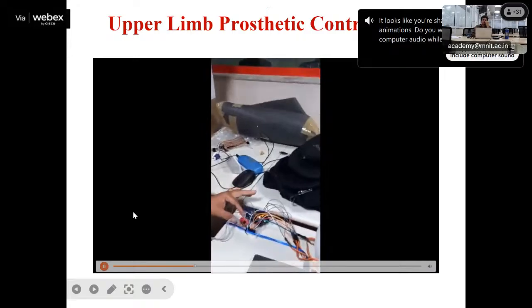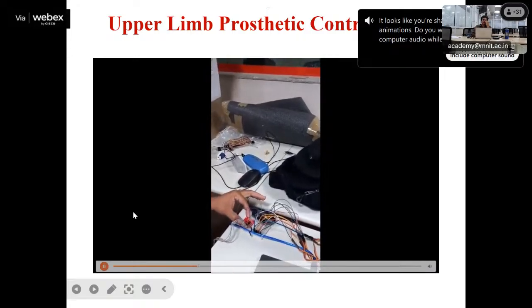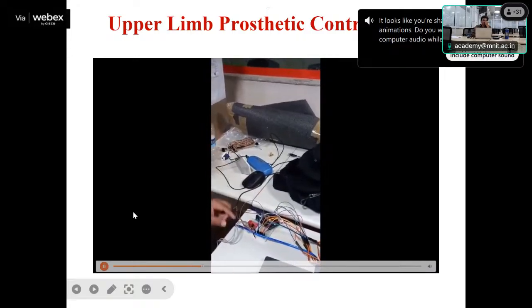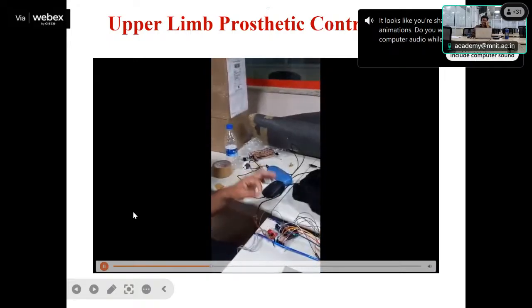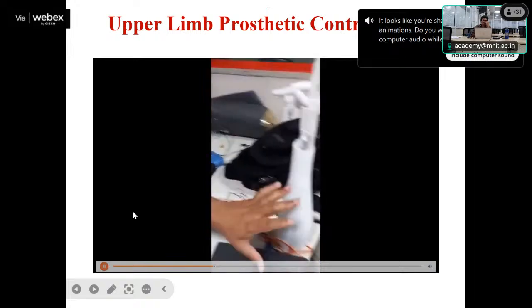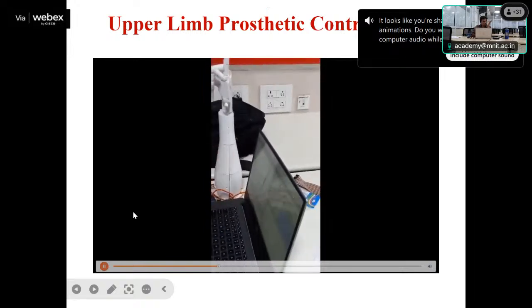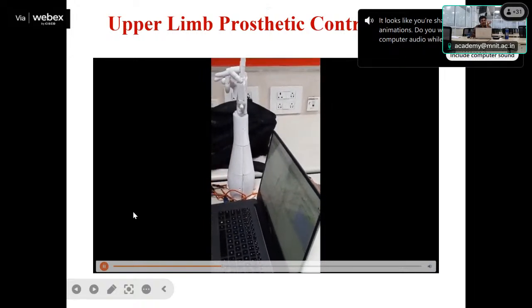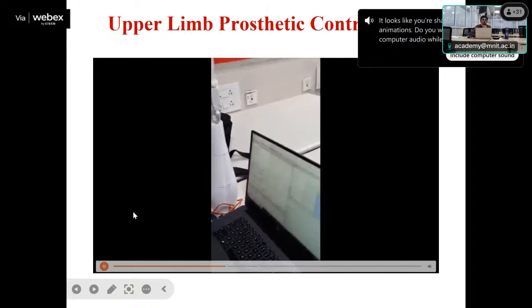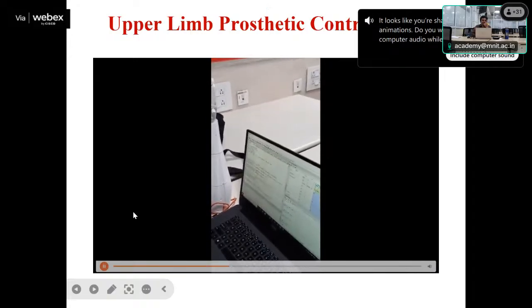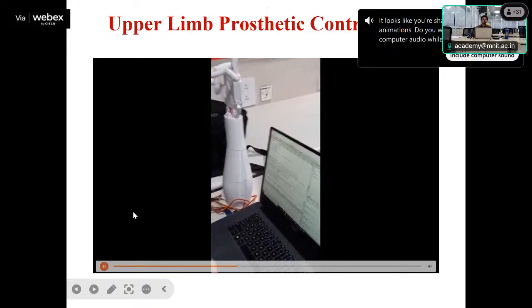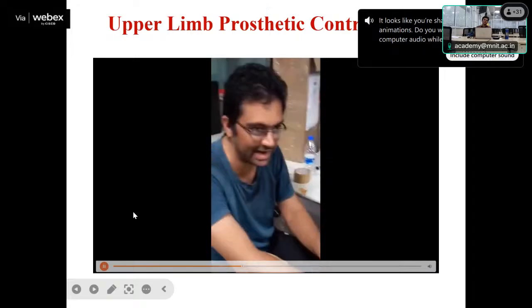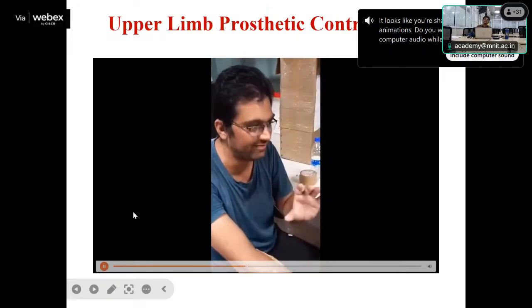That signal is acquired by an acquisition module, the red color EMG acquisition module that you can see. That module captures the signal, and it is plugged into your computer. Inside the computer, your machine learning algorithm works and decodes the activity.